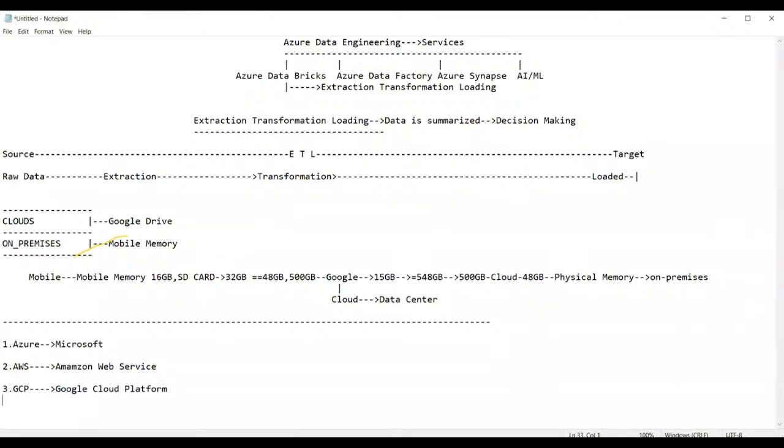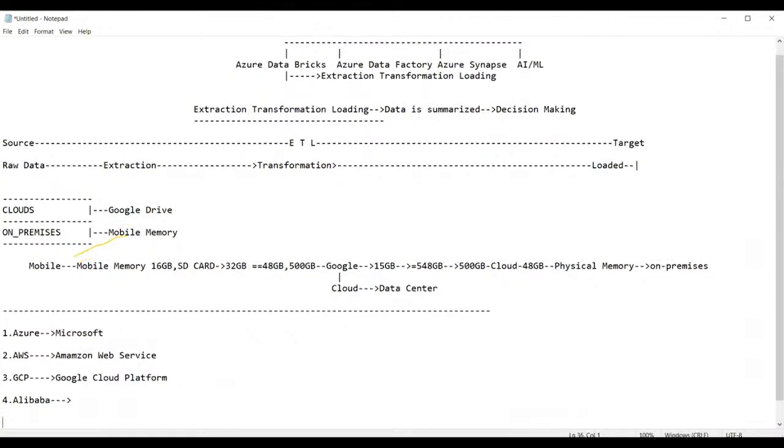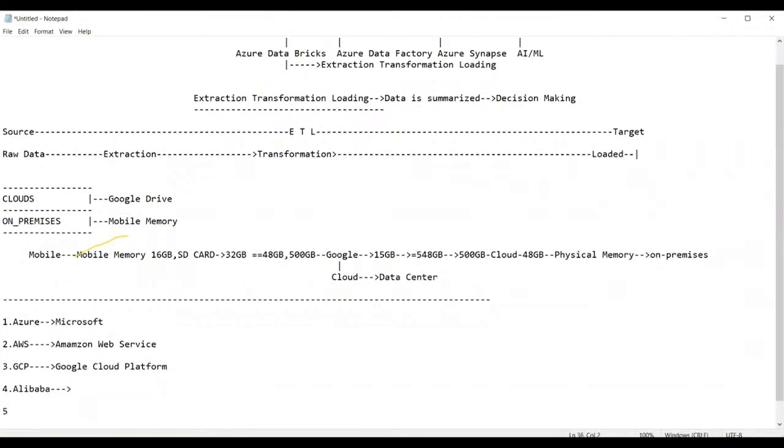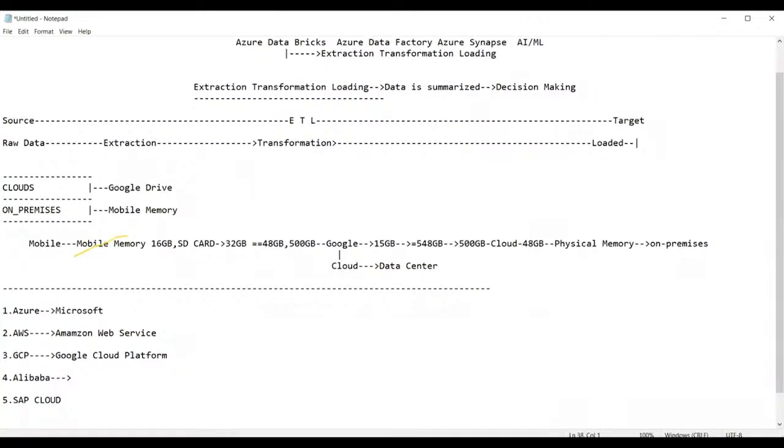Then afterwards we have Alibaba. This is a China-based cloud provider. Then we have the SAP Cloud, and likewise Oracle Cloud is there, etc. These are all the cloud providers.